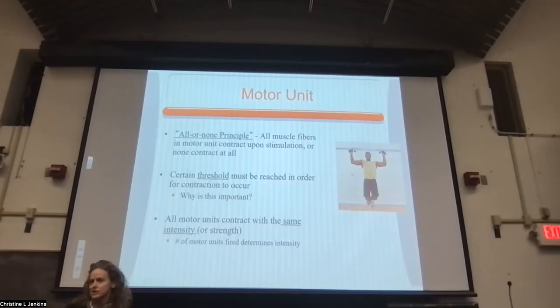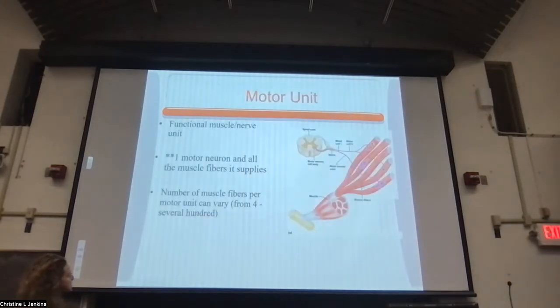That cannot change. So within the red motor unit, when this muscle fiber and this one contract, it's the same intensity. Each muscle fiber is the same intensity.